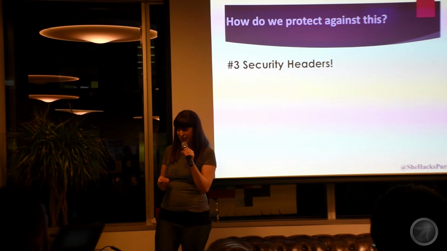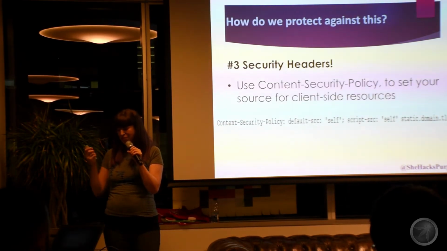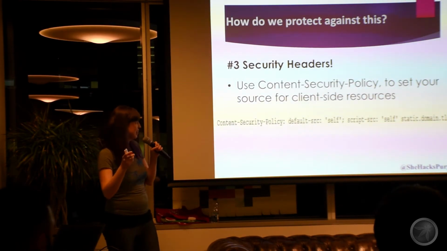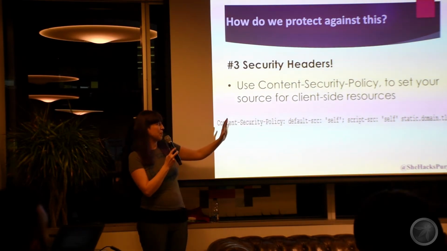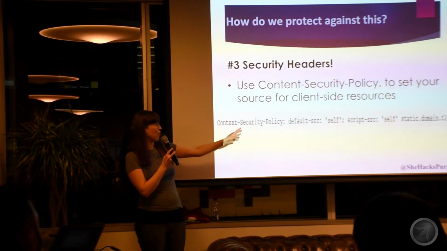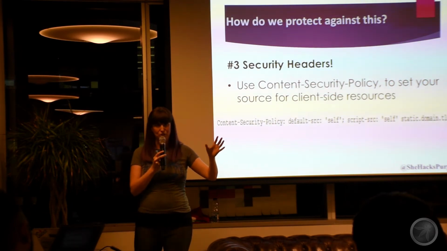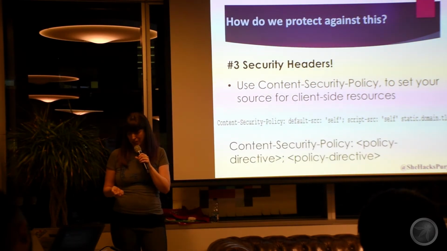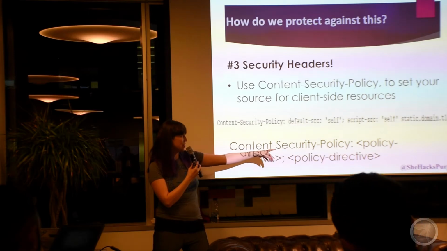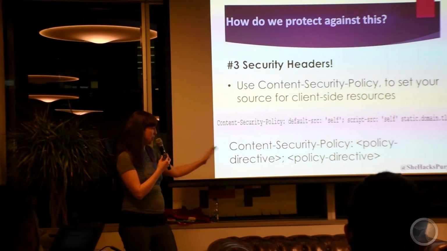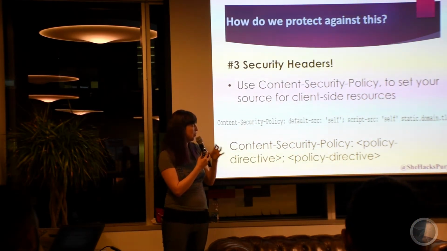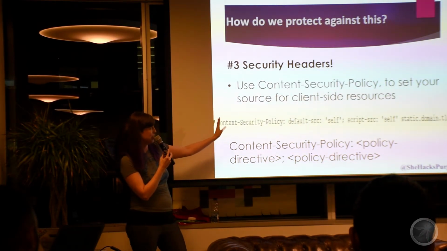So this one's the best one. Everyone choose this: content security policy. You can tell your app what client-side resources it's allowed to use. You separate each one you want to set with a semicolon. It's hard to read, but this is my example.